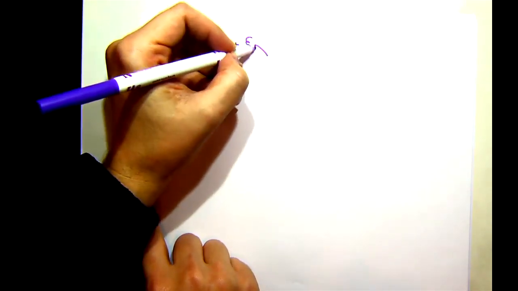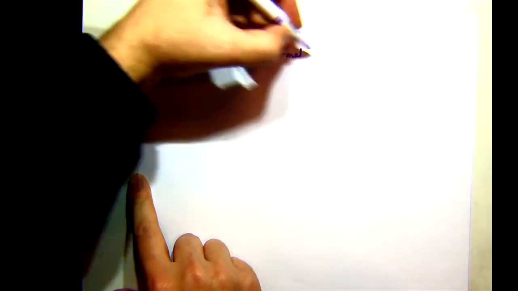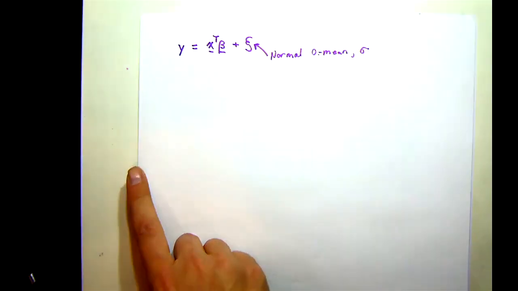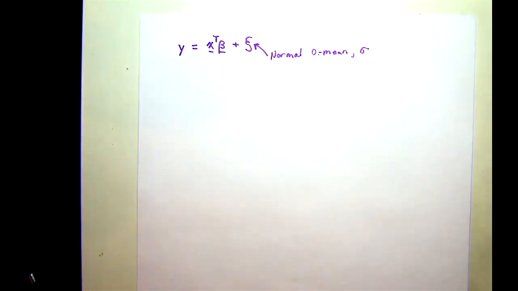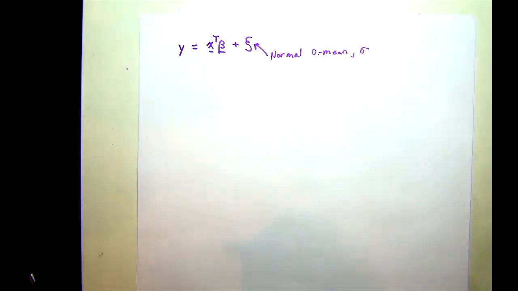And we're going to assume this is a normal with some zero mean and some sigma variance. We're just going to make that assumption. And that's going to help us find a way to figure out a good linear regression. So there's two things we can take away from this.